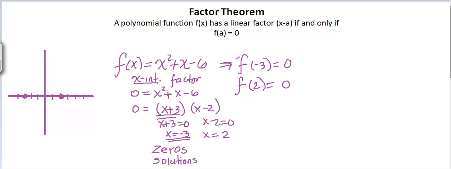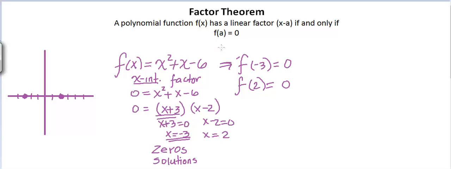This factor theorem tells you that a polynomial function has a linear factor if and only if f of a is equal to 0. This is very, very similar to the remainder theorem.